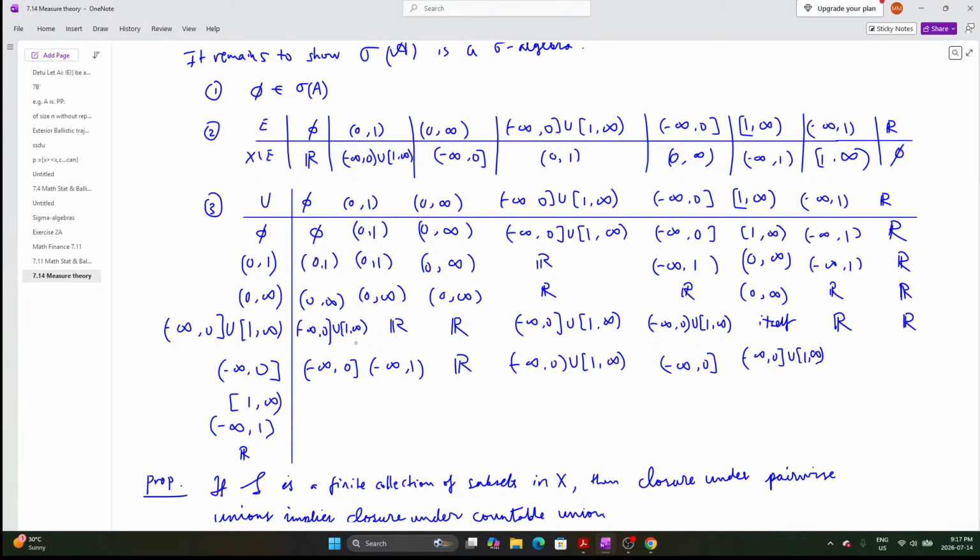And lastly, same as earlier. Oh, actually, no, this is wrong. Just minus infinity to 1. Real. Okay. 1 to infinity. 0 to infinity. 0 to infinity.